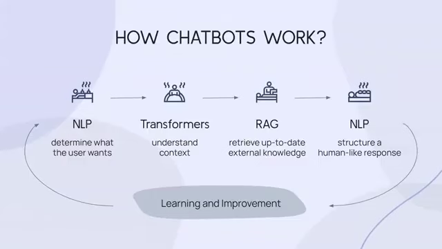And then, yeah, this is putting it all together. Initially, determining what the user wants, that input processing layer that we saw, is an example of NLP. We put that into a transformer model. And I know I dumbed it down, but transformers essentially just understand the context behind it. Before we do the generation part, we put it through RAG so we can get the most up-to-date information from external sources and then pass that along for building a human-like response.